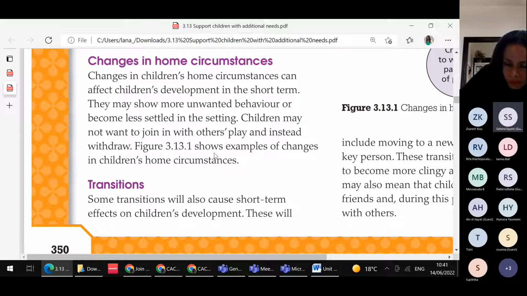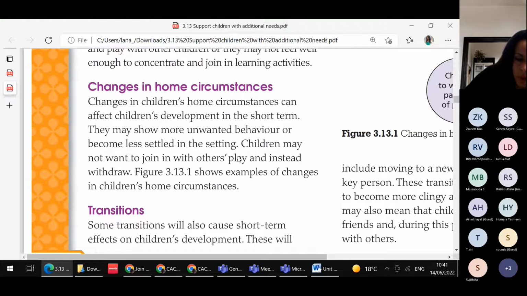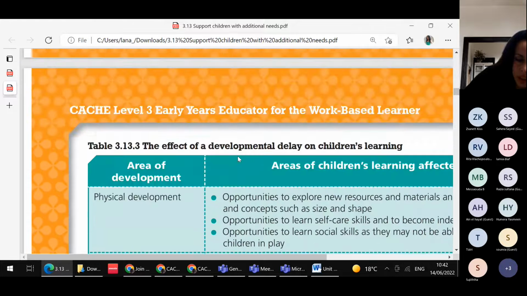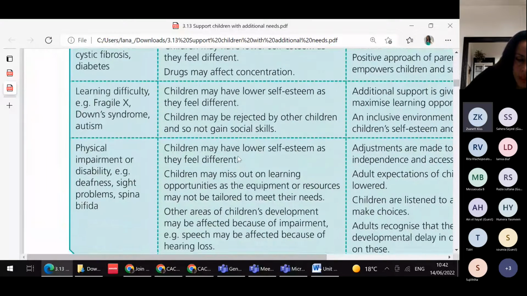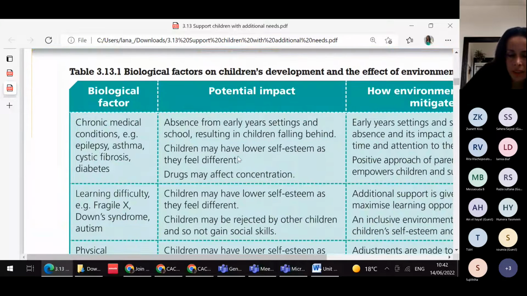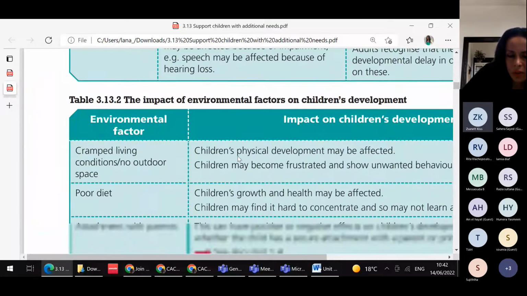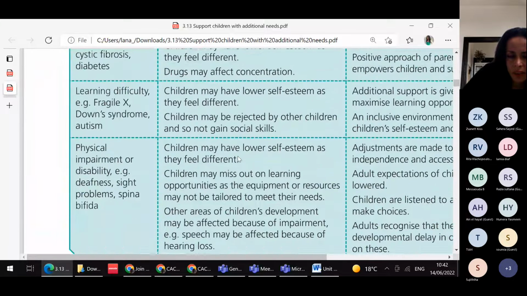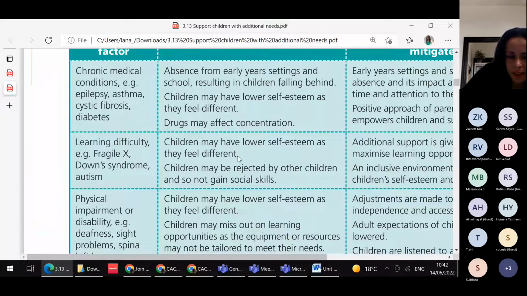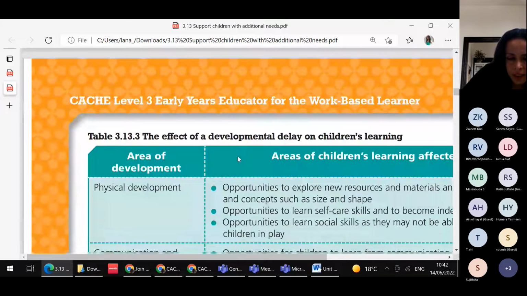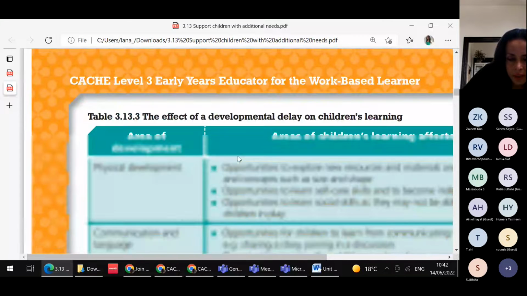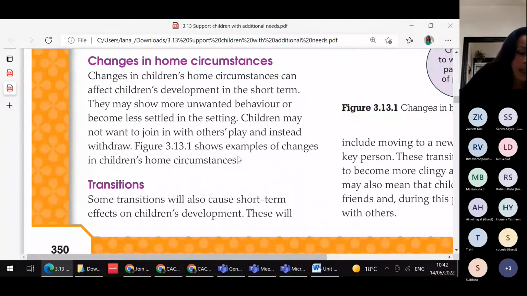Even here it says, you can take some example from table 313, number 1, which we just discussed. The illnesses, this is if you talk about a little bit longer term, like all the illnesses that happen to the child. But in general, home circumstances will be any changes.